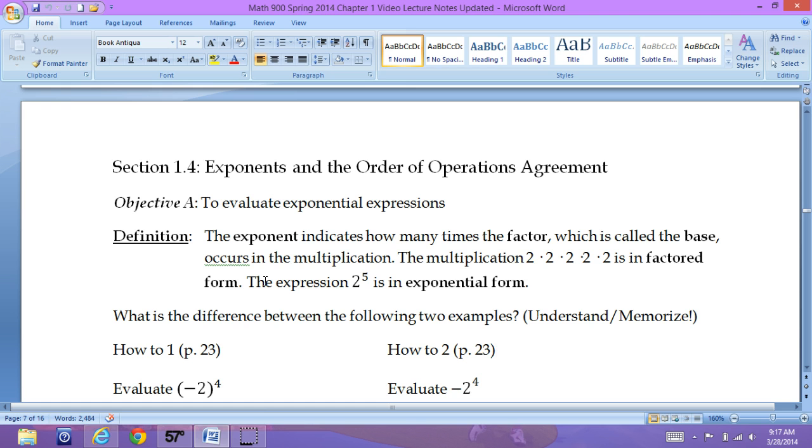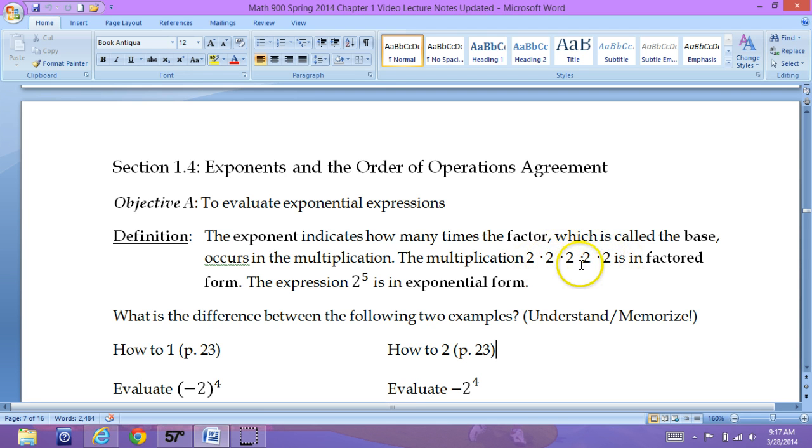So we're going to look at objective A, which is to evaluate exponential expressions. Definition: the exponent indicates how many times the factor, which we talked about in the previous video, occurs in the multiplication. The factor here is called the base. The multiplication 2 times 2 times 2 times 2 times 2 has five 2's being multiplied together.